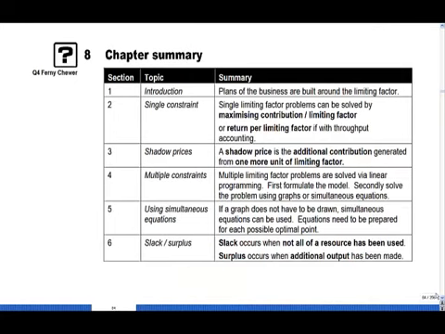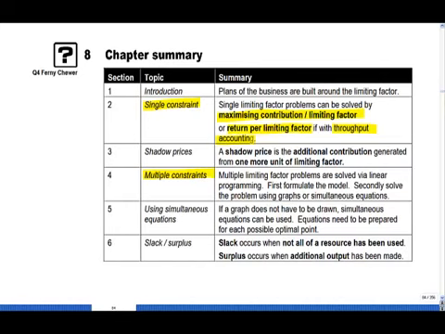So if we summarise what chapter 3 contains for us on limiting factors, you could have to deal with a question focusing on single limiting factors or multiple limiting factors. Single limiting factor questions, you're going to be asked to solve by looking at the amount of contribution per limiting factor and prioritising those products with the highest, or potentially return per limiting factor if we're in a throughput accounting environment.